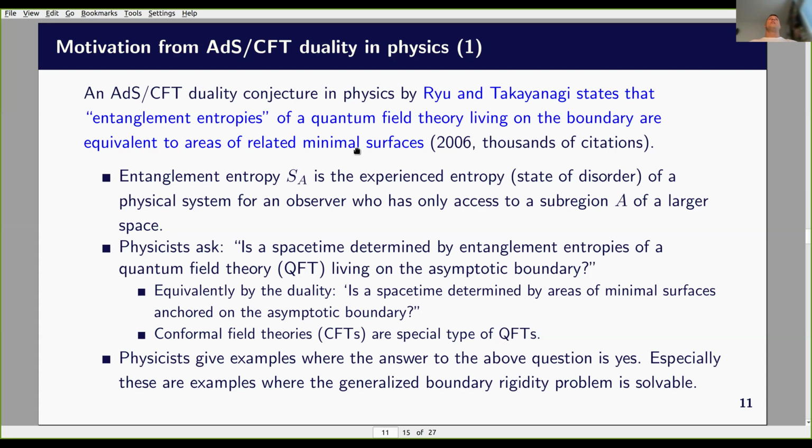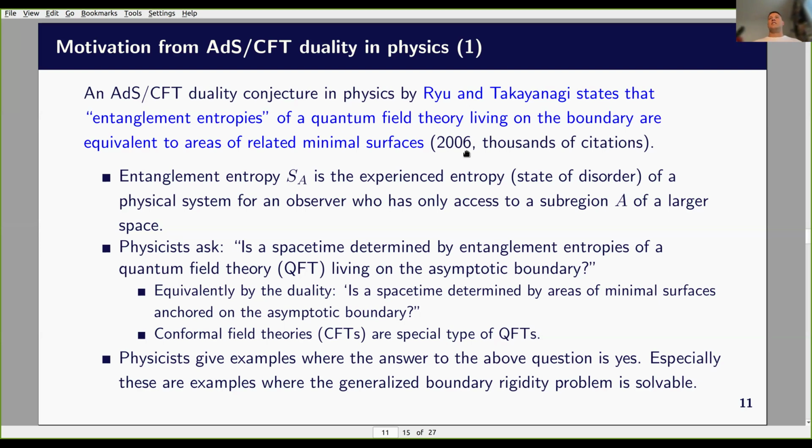An AdS/CFT duality conjecture in physics by Ryu and Takayanagi states that so-called entanglement entropies of a quantum field theory living on the boundary are equivalent to areas of related minimal surfaces. This is a quite popular paper by Ryu and Takayanagi.